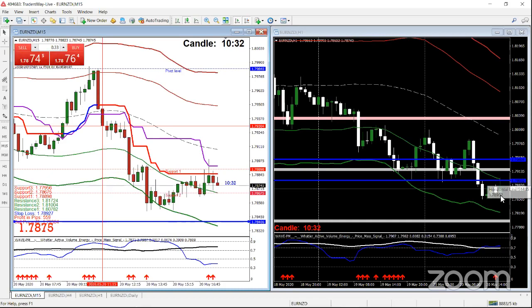But we're not out of there yet. So that's why I couldn't take that buy. I didn't want to take that buy knowing that I'm in a heavy sell zone. Couldn't do it. Like I said, I lost the trade, but it was a good trade.